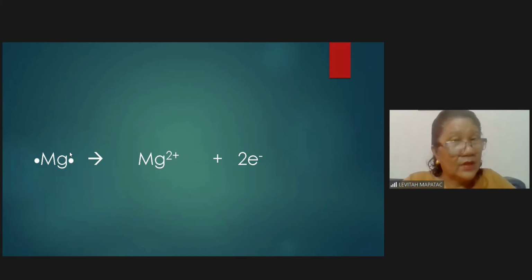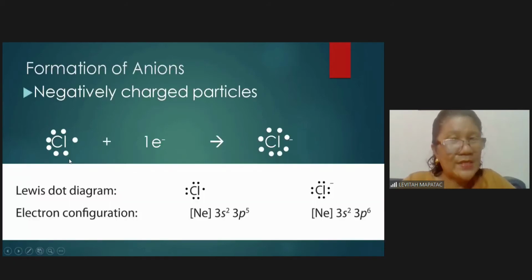So here, for instance, chlorine belongs to group 7. So what will be its electronic structure? Chlorine is 35, I think. Therefore, it belongs to group 7. What will be its Lewis dot here?